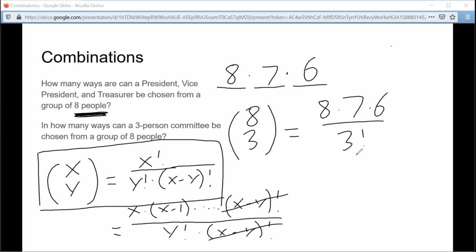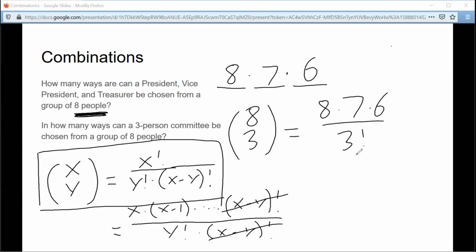To be clear, does everyone know what a factorial is? Okay, some people are saying no, so I'm just going to briefly go over that.